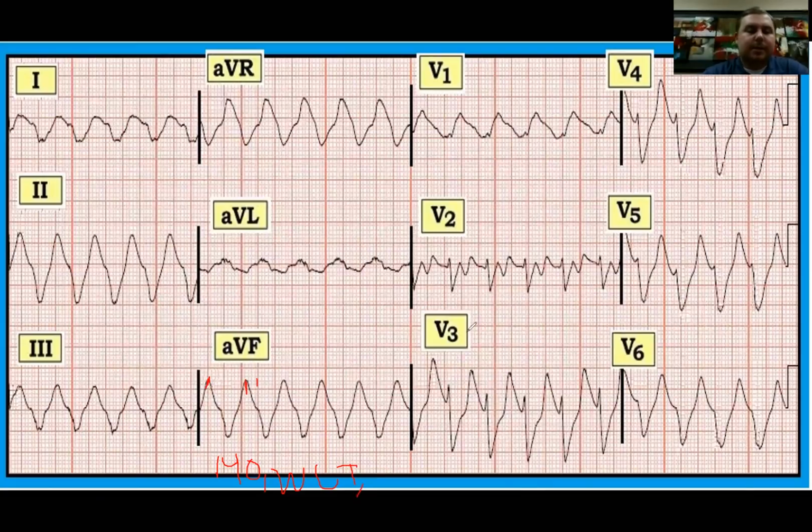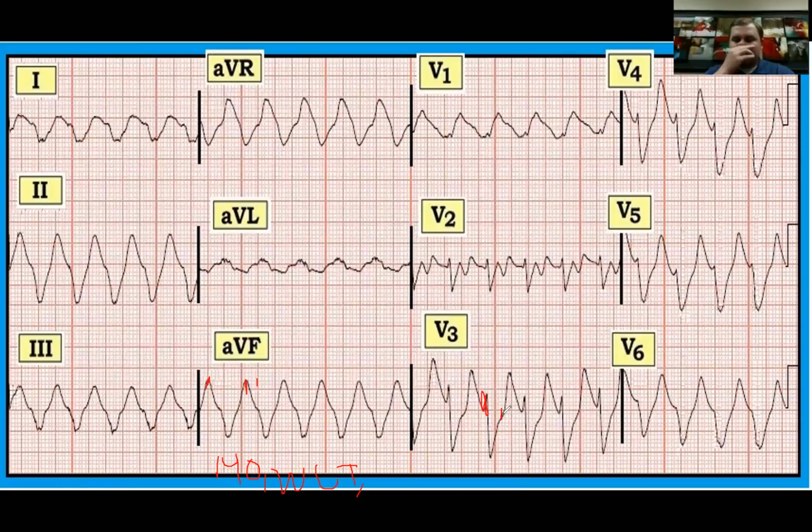Next, we're going to look for axis. In order to determine axis, we have to figure out where the QRS is. So I'm going to search for any lead that has something relatively looking like a QRS. And it looks like maybe V3 is the best lead. So my QRS kind of starts right here and probably ends somewhere right about here-ish.